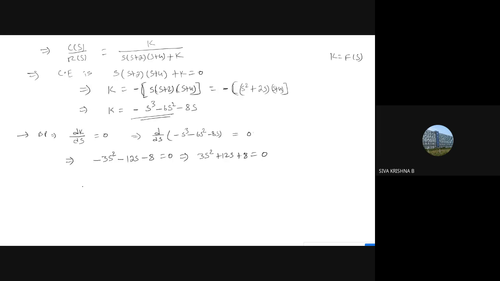From this, find out the s values. Use the quadratic equation formula and find out the roots.